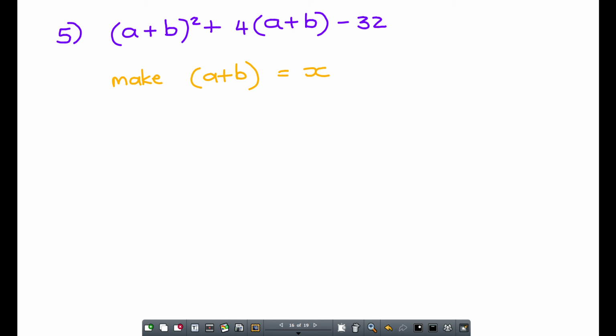So in plaas van daai hele hakkie skryf, gaan ek nou net gou eers vir x gebruik. So dan lyk hy eintlik so. X kwadraat, because instead of a plus b squared, I just use x squared. Is julle by? Plus 4, en nie die hele hakkie nie, maar net x minus 32. Sien jy nou, lyk hy al klaar baie meer soos wat ek hom wil hê.